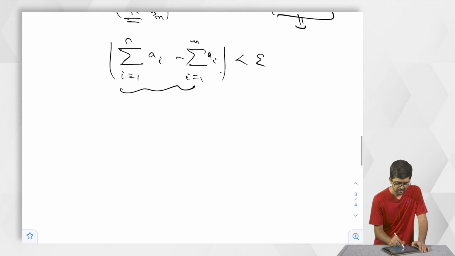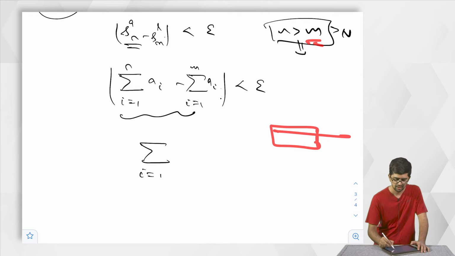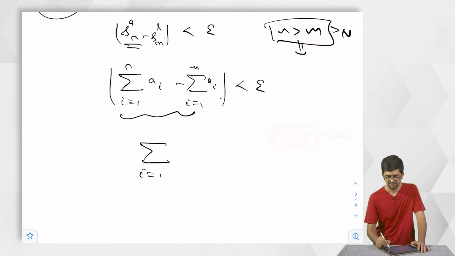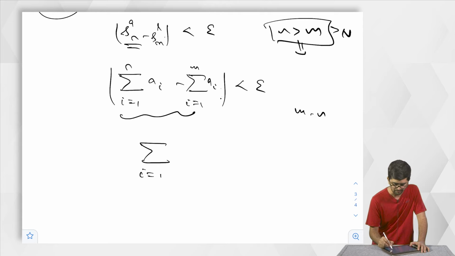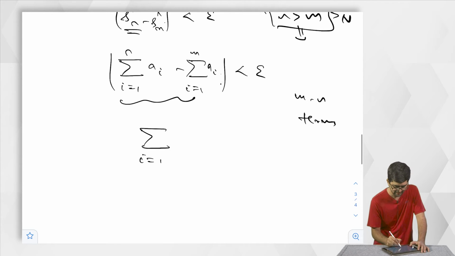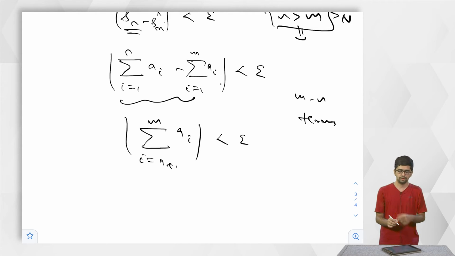Now what is this? I am collecting the first n terms and then removing the first m terms, where m is less than n. So what I am left with is the remaining n minus m terms. So what should I write here? |summation i equals m plus 1 to n of a_i| is less than epsilon.